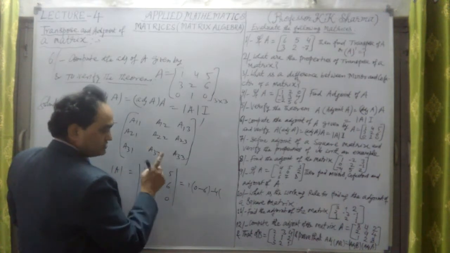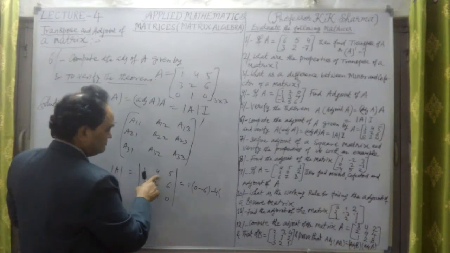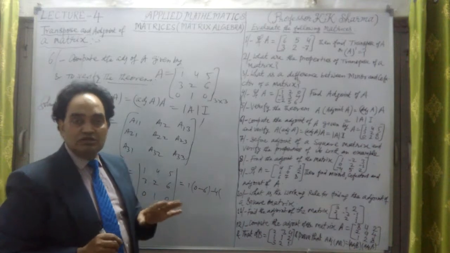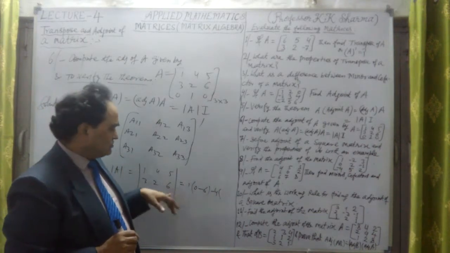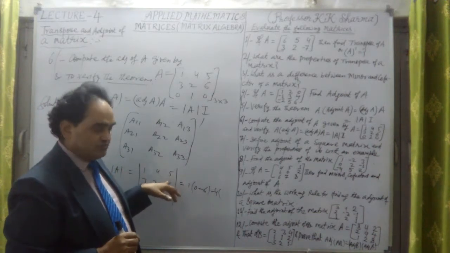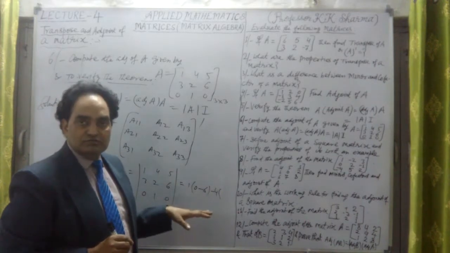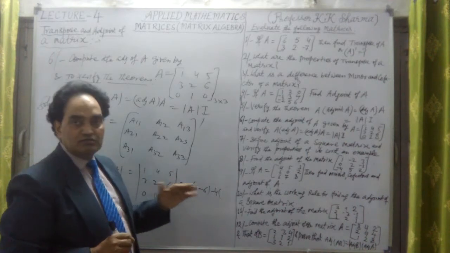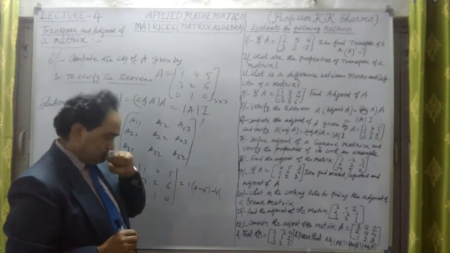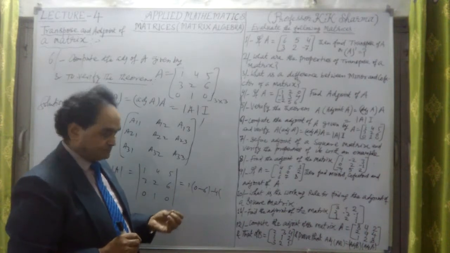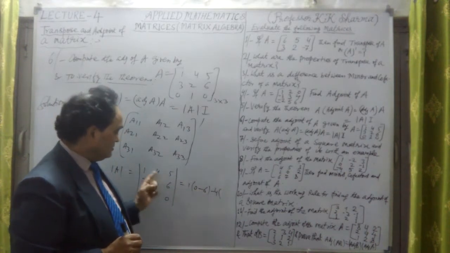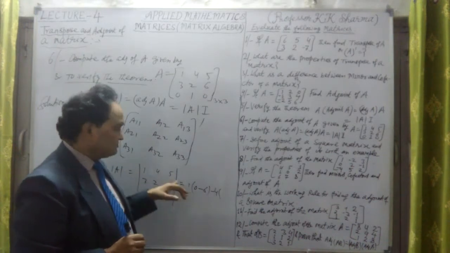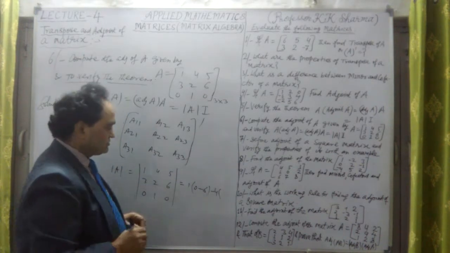But in the case of minors, we do not multiply by these numbers 1, 4 and 5, and no negative or positive sign is applied. In the case of cofactors, the positive or negative sign is applied. In this case, extra, we have to multiply by these numbers also. So cofactors into these numbers give the value of the determinant.